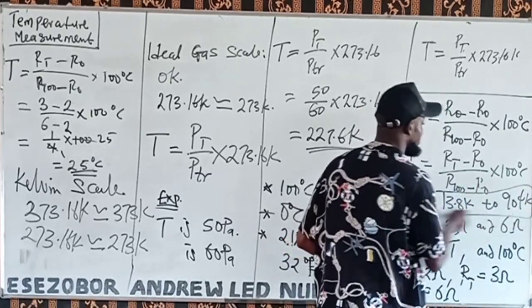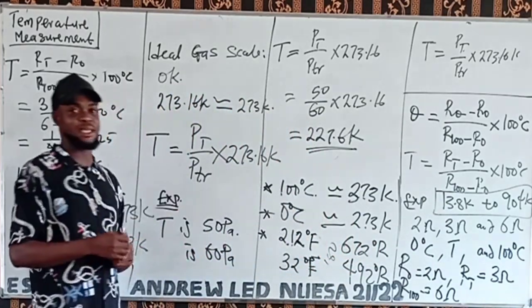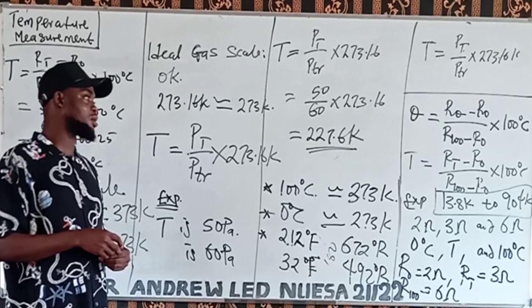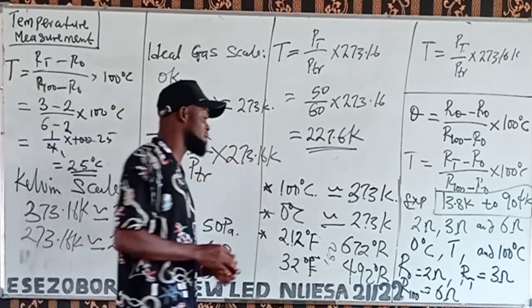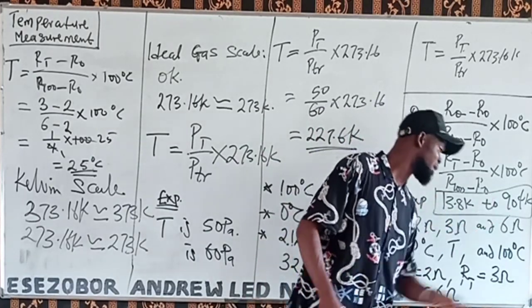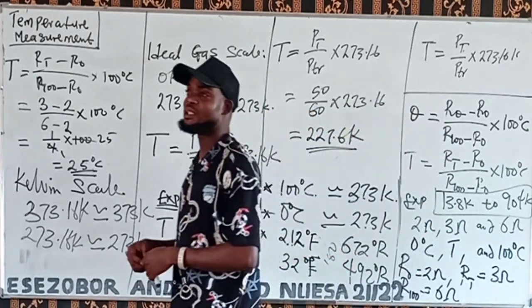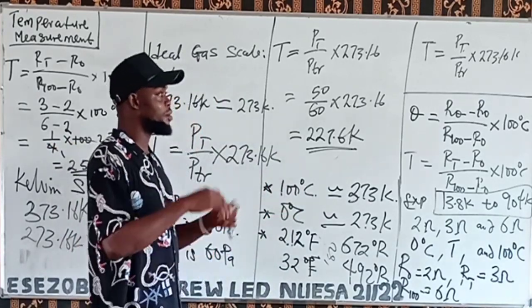Take note of this. It is the most accurate thermometer on the IPTS scale. If you check that scale, the best one within the temperature range of 13.8 Kelvin to 904 Kelvin is the platinum resistance thermometer.